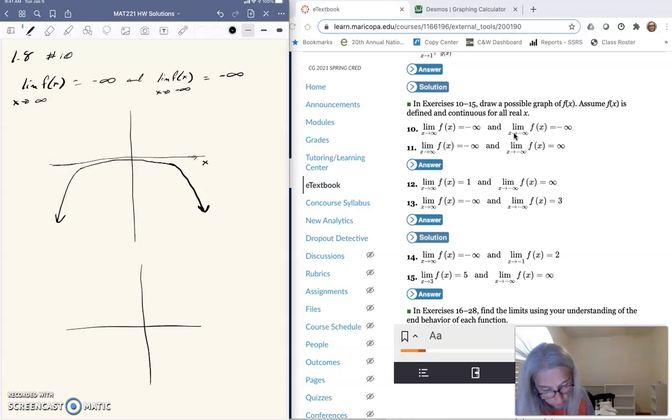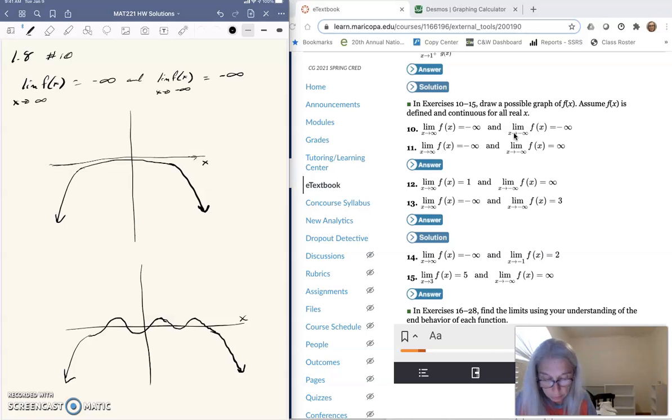Here's another way to draw this graph. I still need to have f(x) approaching negative infinity as x gets larger in the positive direction and in the negative direction. But since they didn't tell me anything else about this function for smaller values of x, I don't know exactly what's going on, which means my graph might actually look like that.